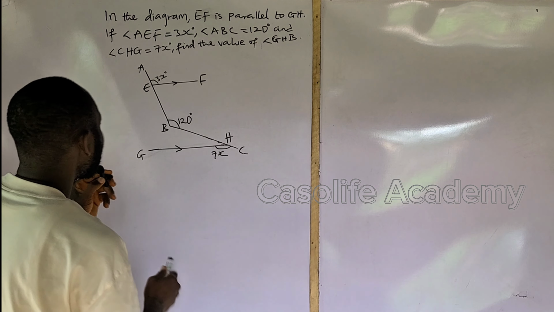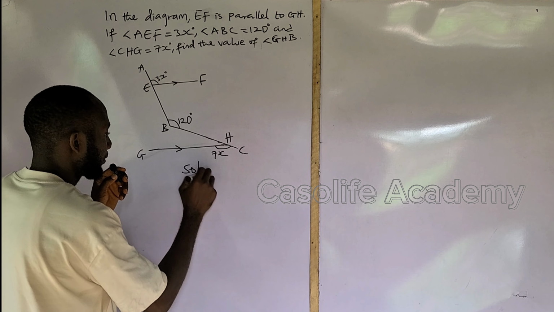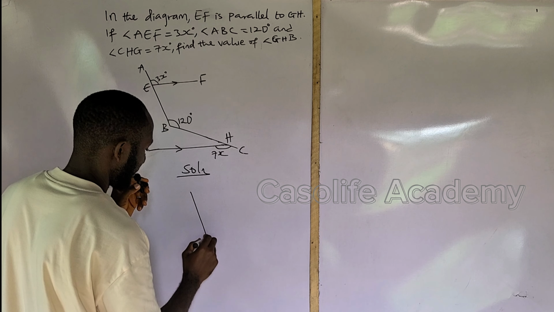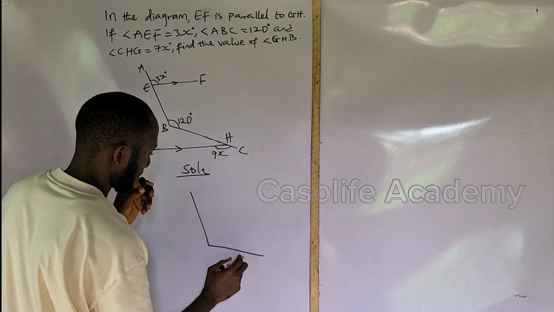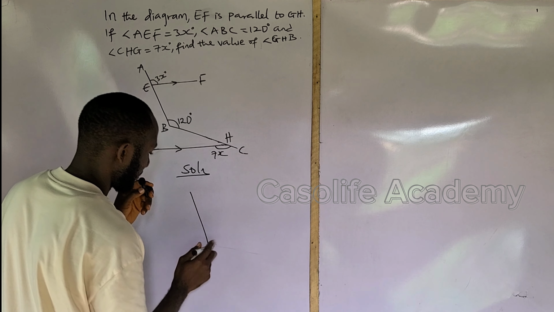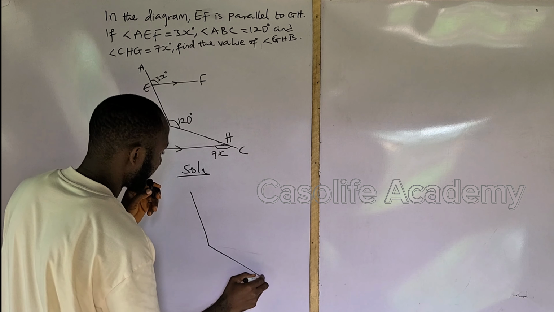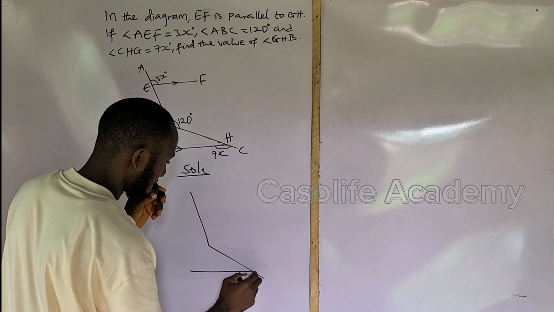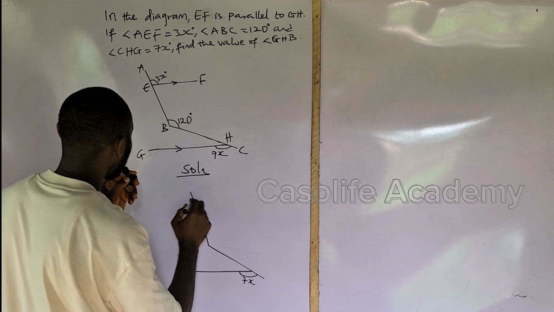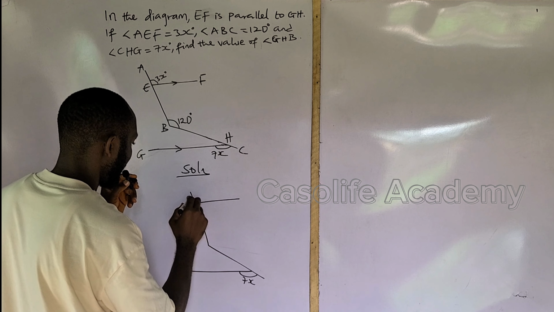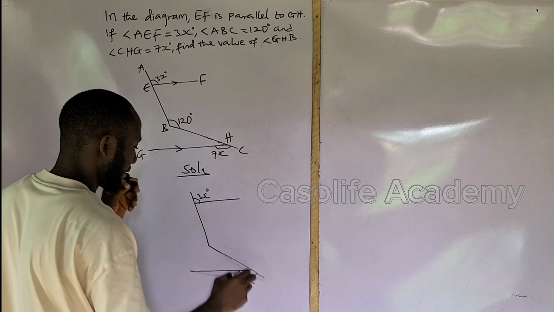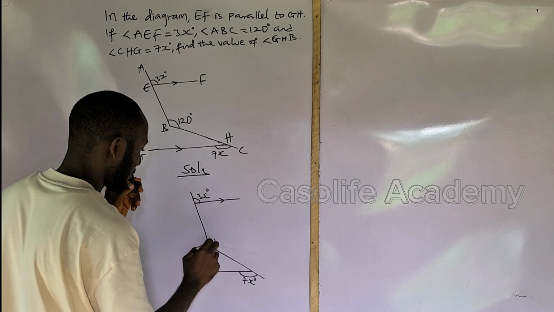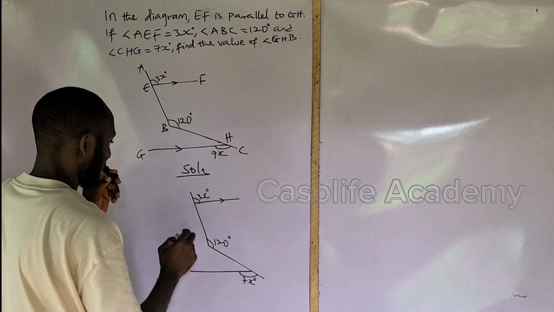Okay, so having noted that, let me redraw this. So we have this, goes this way. Okay, so we have 7x, we have 3x degrees, so here is parallel, so we have 120 degrees.